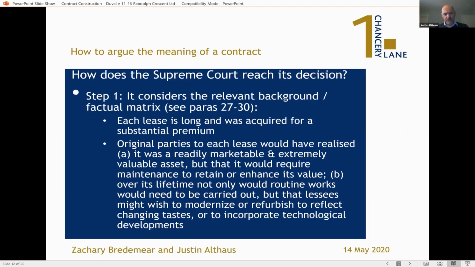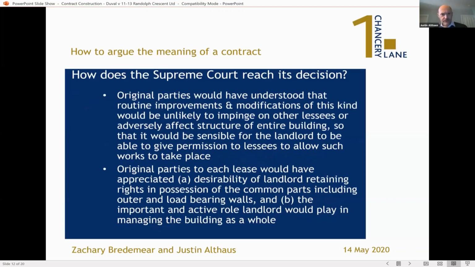The original parties would have realised that over its lifetime, the lease would require routine works to be carried out, and also that the lessee might want to modernise or refurbish the building or the flat to reflect changing tastes or to incorporate technological developments. A couple of other relevant considerations are set out there.